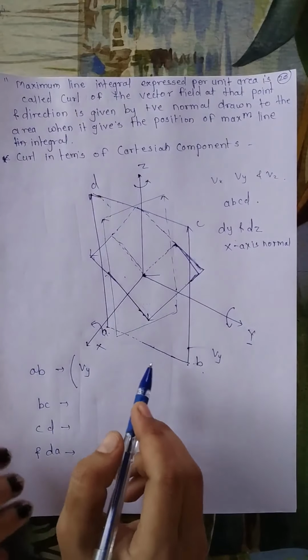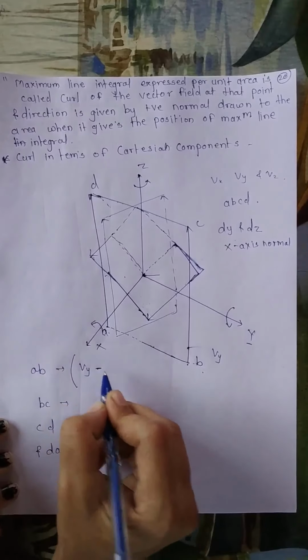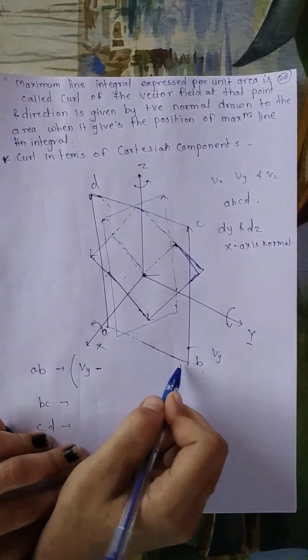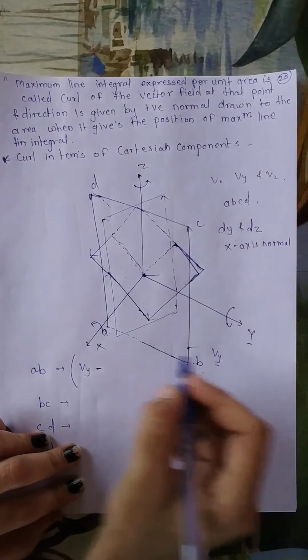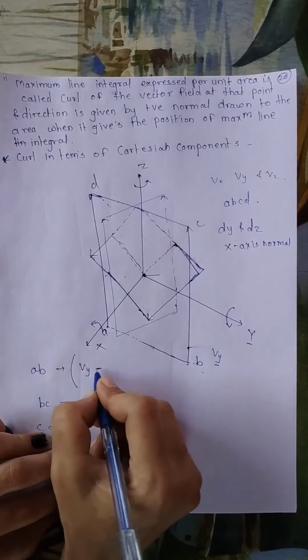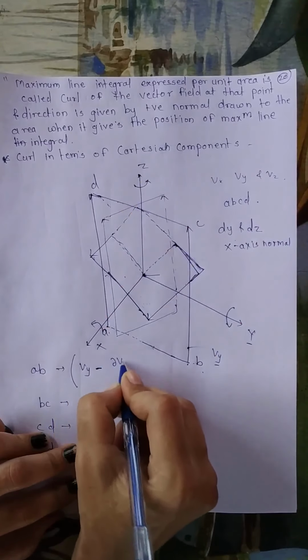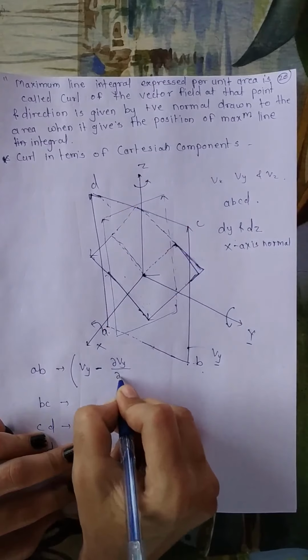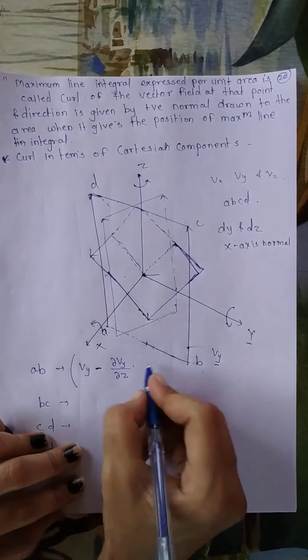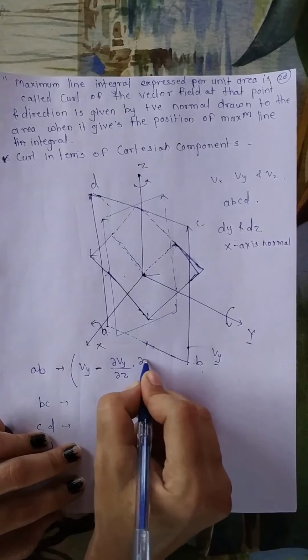So according to that, this will be Vy minus, because here our velocity component is along Vy and it is changing with respect to z. Therefore this will be subtracted: dou Vy upon dou z, and for the center this will be dou z upon 2.